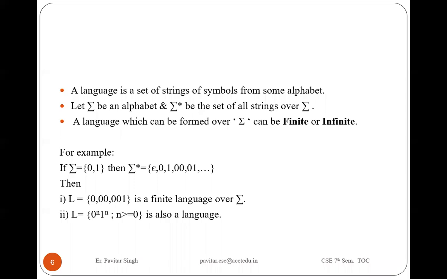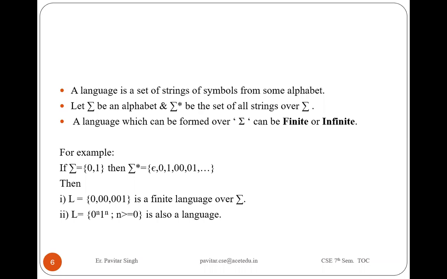Then we can say that your L is equal to any strings, you can write 0, 00, 01. So this is a language which has been formed using sigma star, right?